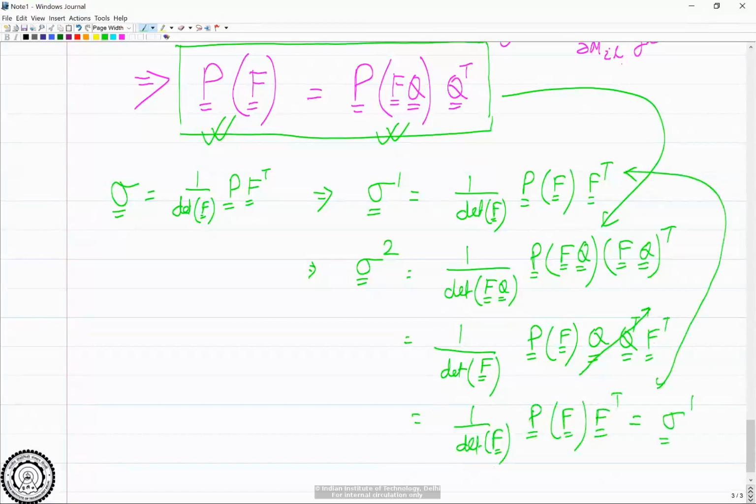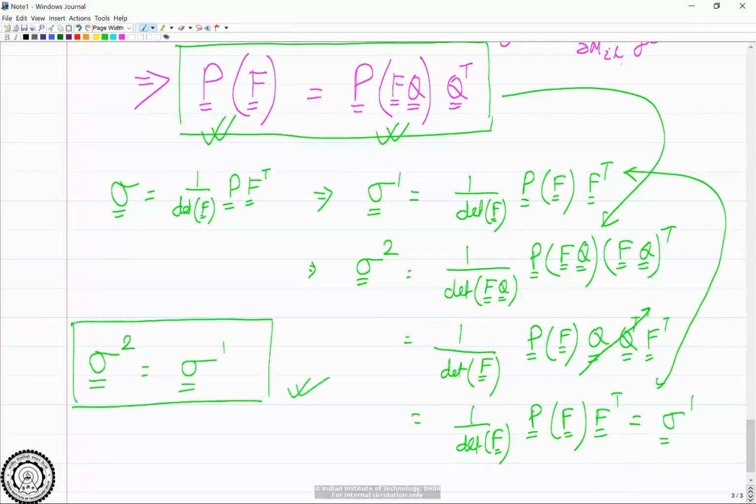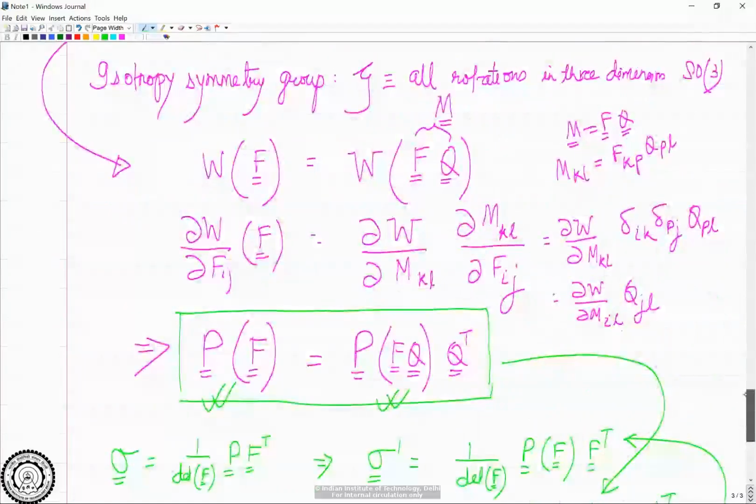Okay, so you see, magical, that the symmetry group just says in terms of Cauchy stress sigma 2 is equal to sigma 1. This is the statement of symmetry in terms of Cauchy stress.